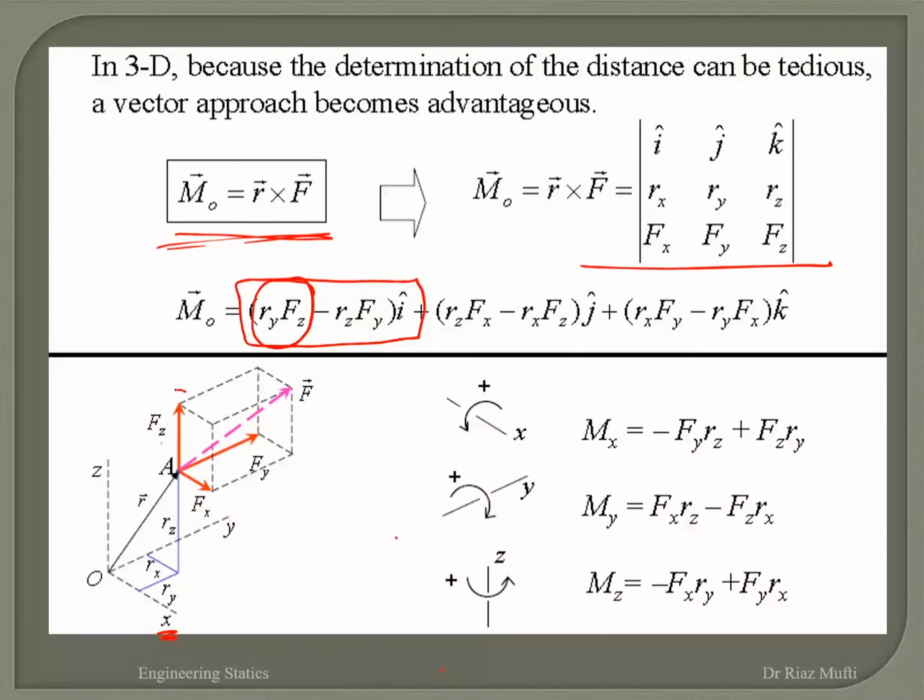This is my f z arrow, and the distance is r y. This is my r y here. So I can draw it here. That's my distance, and this is the force acting upward here. So if I look at this force, there's a tendency to rotate it about the x-axis. Am I right?